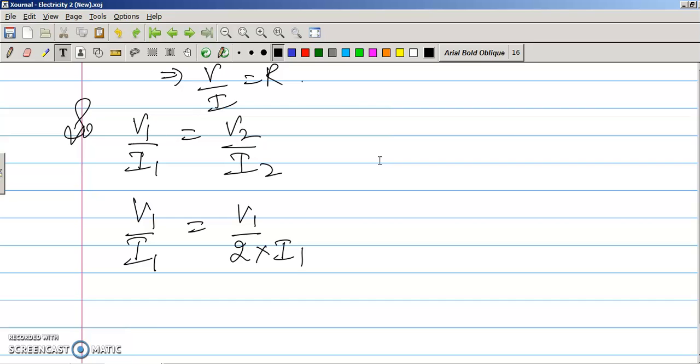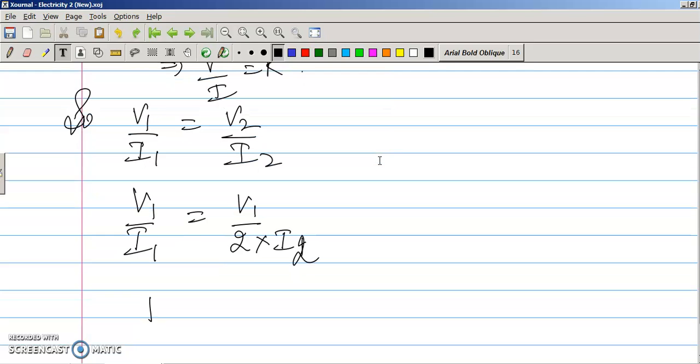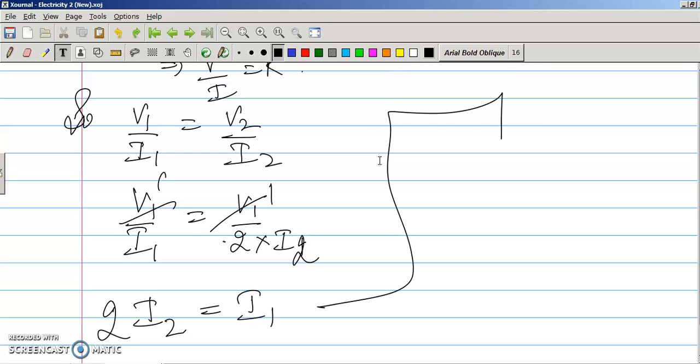Therefore, the V1 terms cancel, and 2I2 should be equal to I1. So I2 should be equal to I1 by 2. So that is the solution.